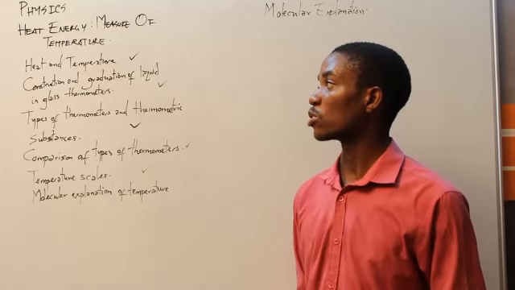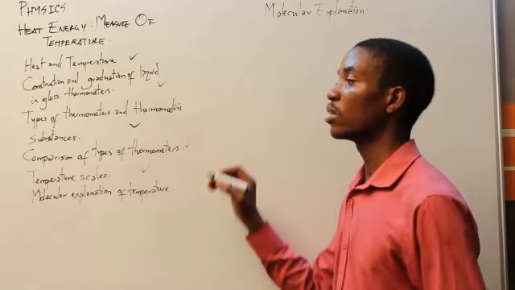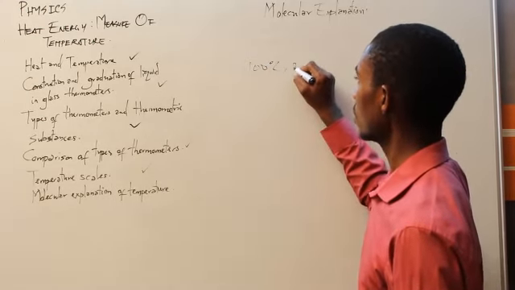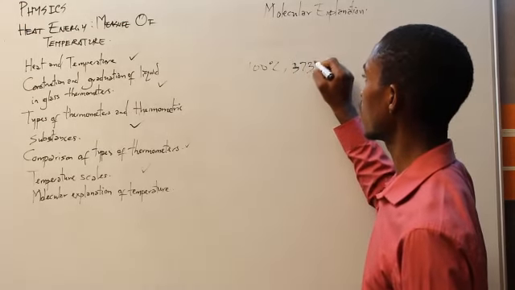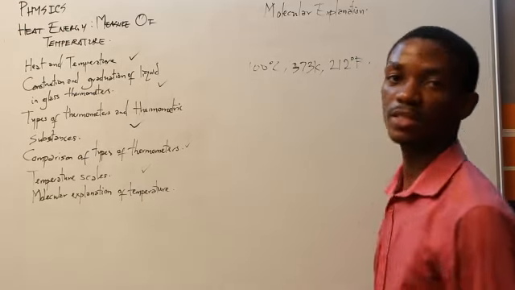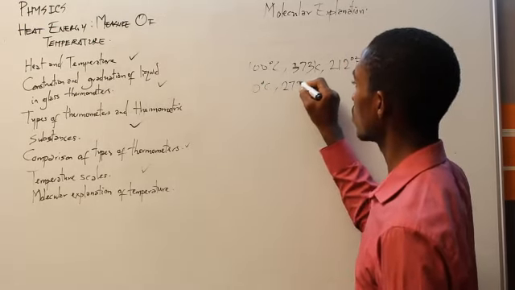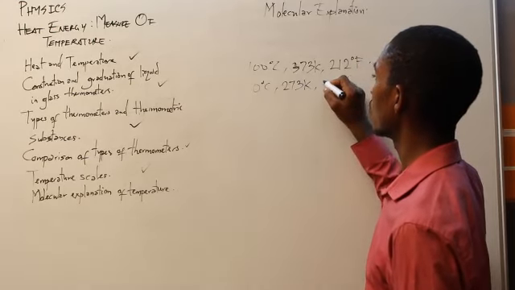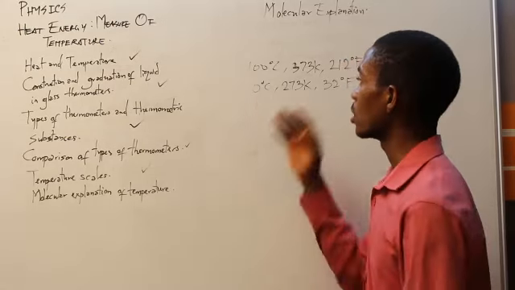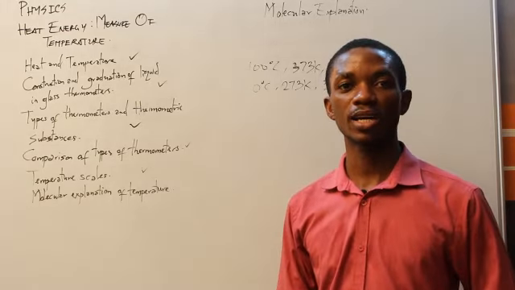We talked about the construction of liquid in glass thermometers, and, to note, water boils at 100 degrees Celsius or 373 Kelvin or 212 degrees Fahrenheit. Water freezes at 0 degrees Celsius or 273 Kelvin or 32 degrees Fahrenheit. These are the boiling and melting points of water based on the three major scales.